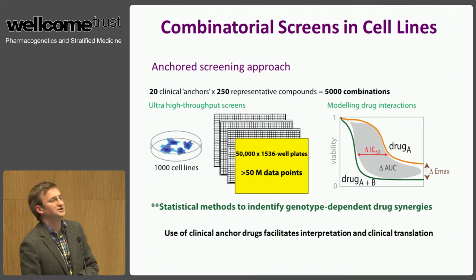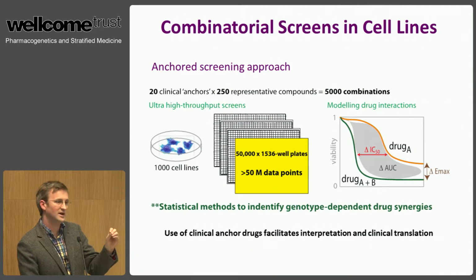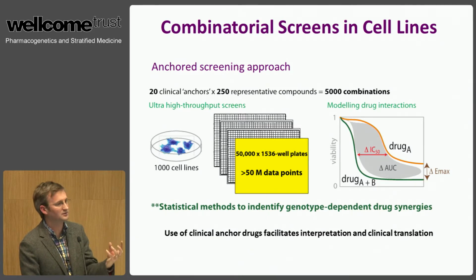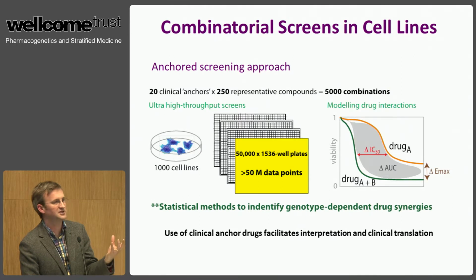The other advantage is that interpretation of these combinatorial effects can often be quite difficult, understanding why certain combinations work. And we felt, pragmatically, that having one molecule where we understand the activity, at least to some extent, will facilitate the interpretation of these data sets.